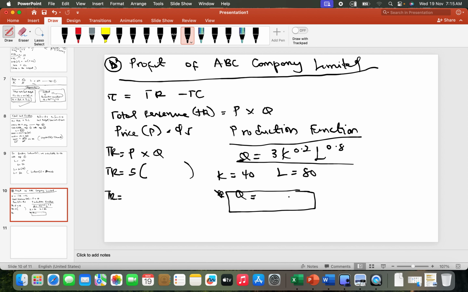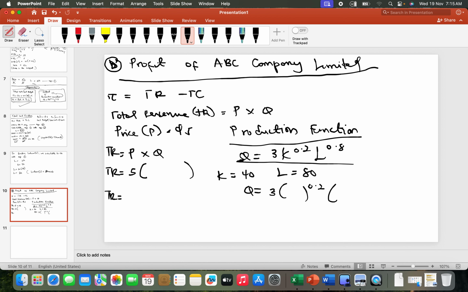So we'll substitute them into the equation. So K is 40, L is 80, exponent 0.8. Let me follow it in that order.